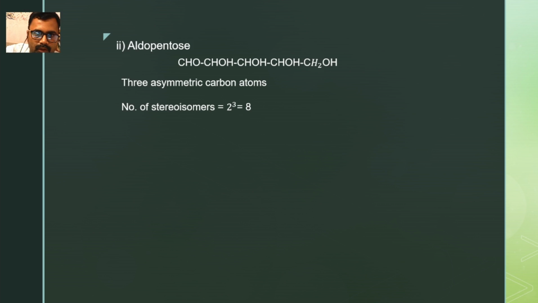Therefore, according to the van't Hoff rule, the number of possible stereoisomers is equal to 8, and these 8 stereoisomers exist as 4 pairs of enantiomers, that is the D and L isomers.